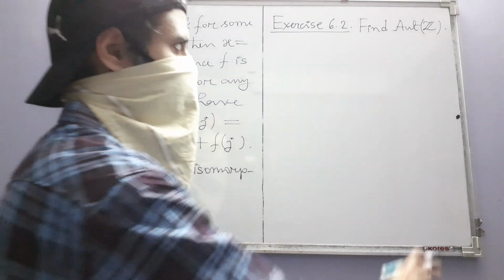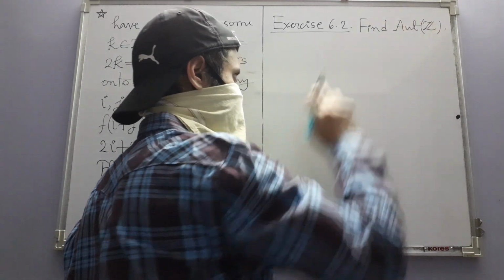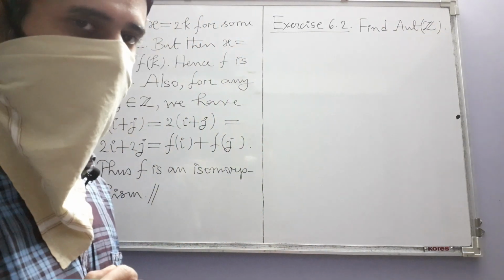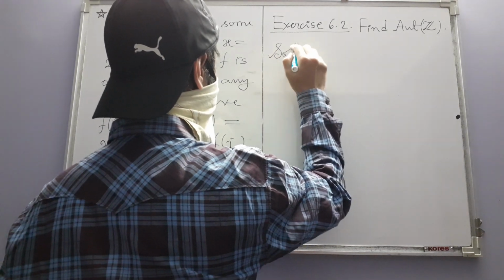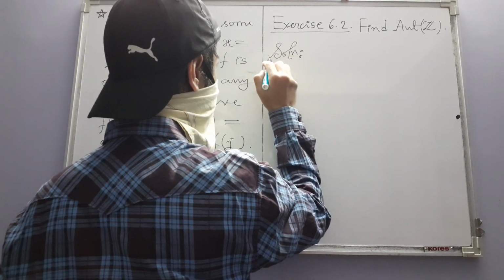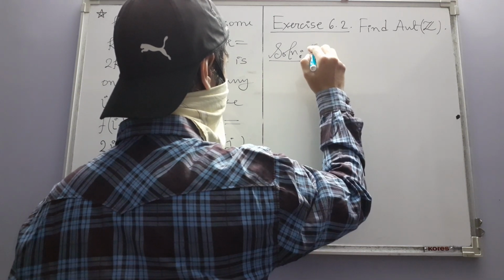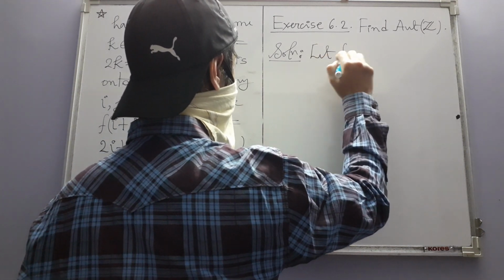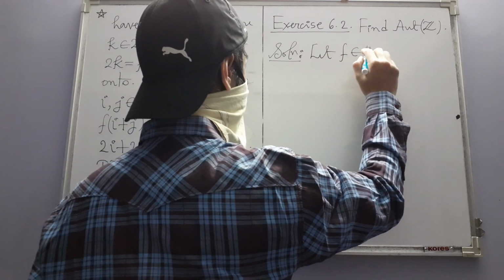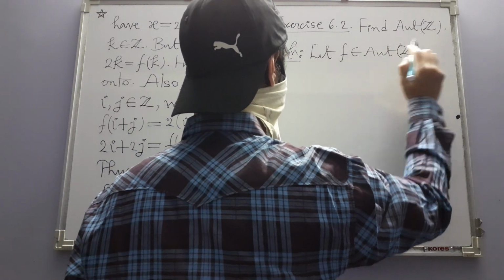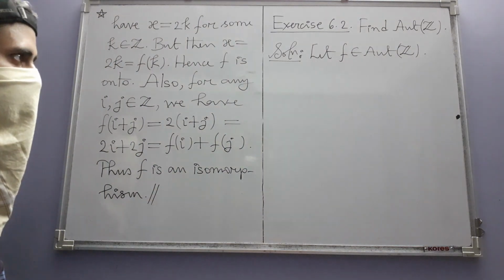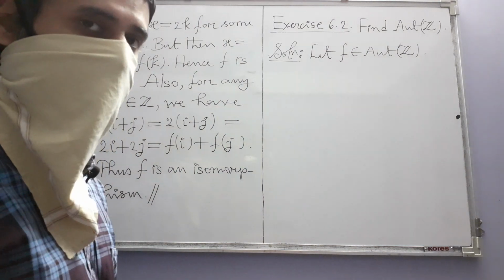In other words, we have to find all the automorphisms of the additive group of integers. Okay, so let's see. Let f be any element, in other words, f is an automorphism of Z.